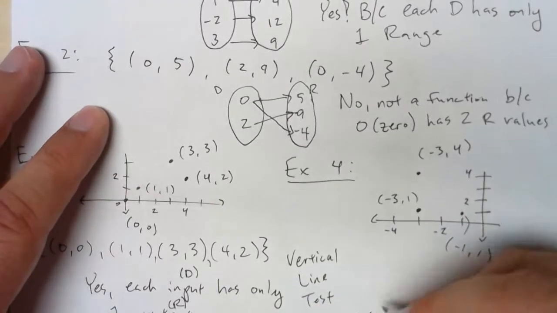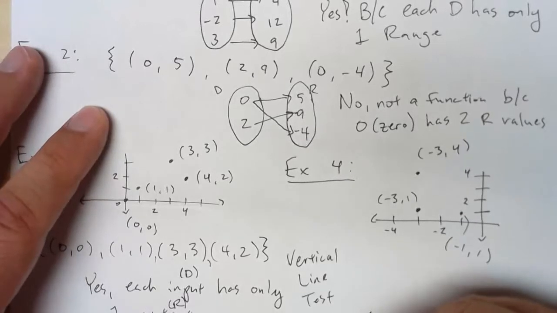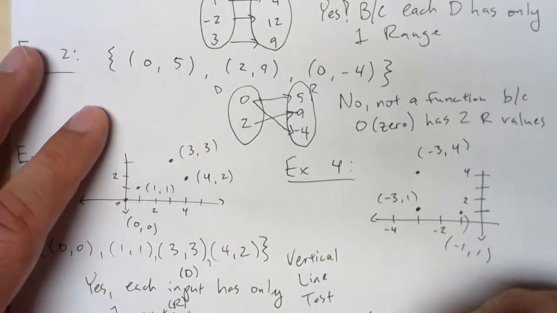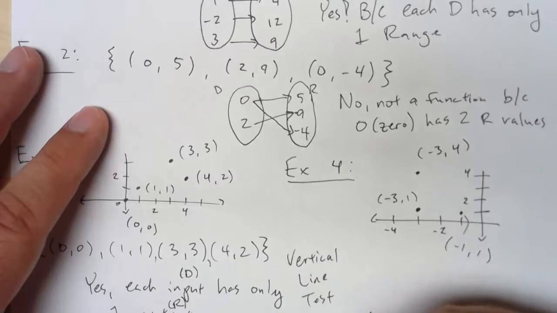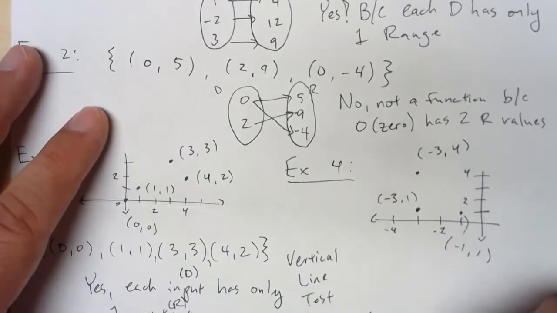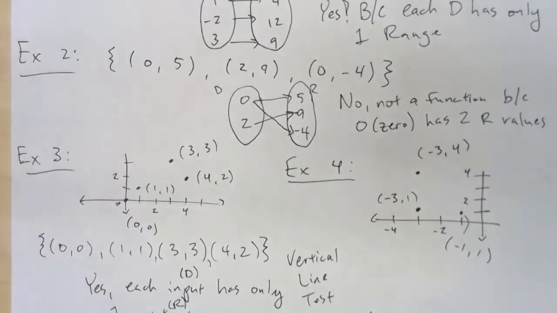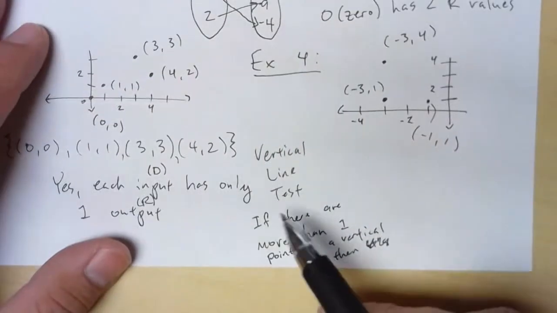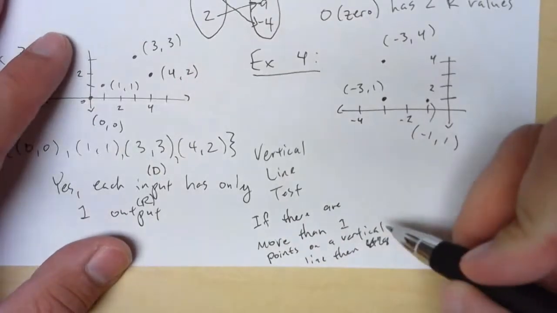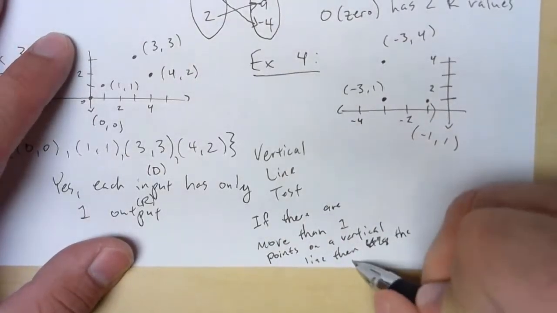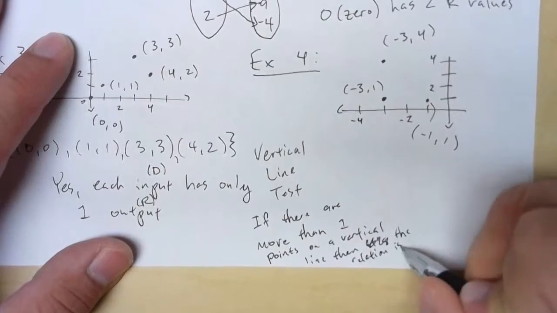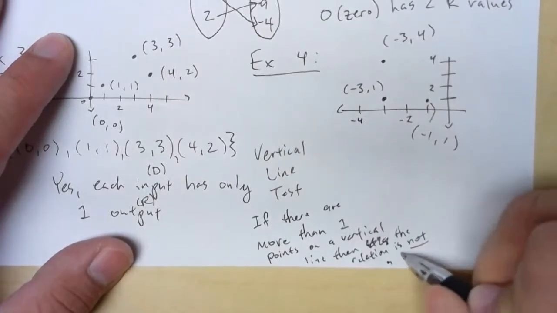So the vertical line test says, if there are more than 1 point on a vertical line, then the relation is not a function.